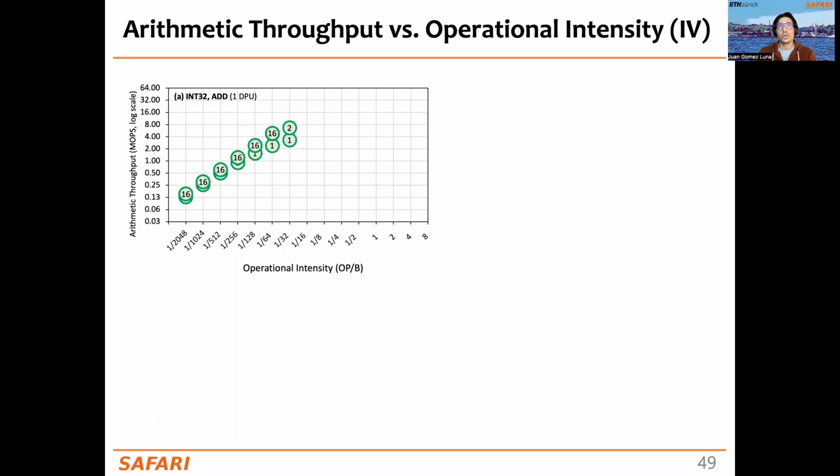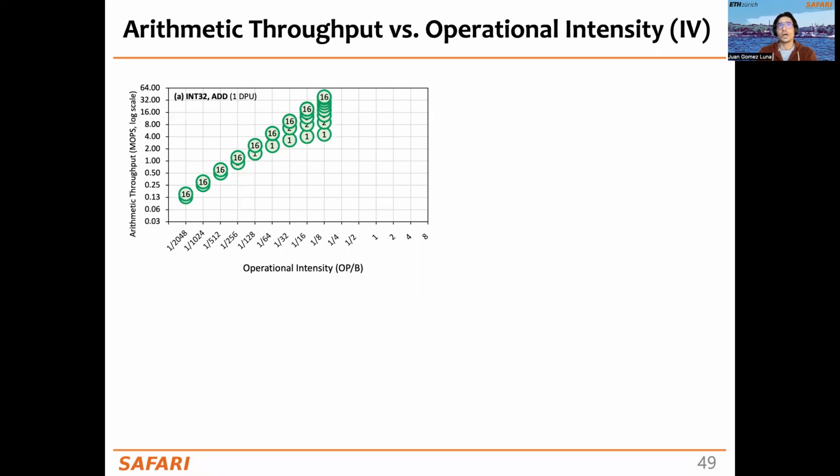And at some point, it will start saturating with 3 tasklets. But we see that for more than 3 tasklets, in this case, for an operational intensity of 1/32, the arithmetic throughput remains the same.